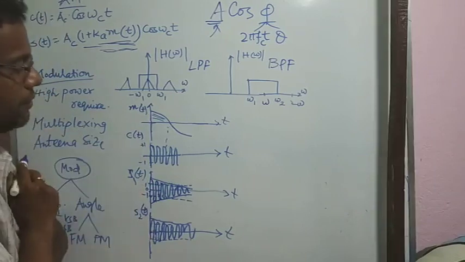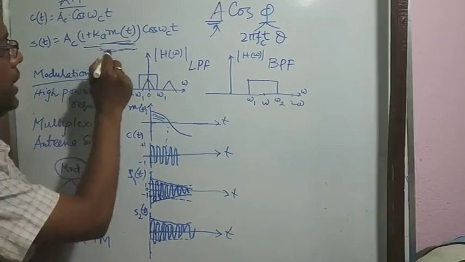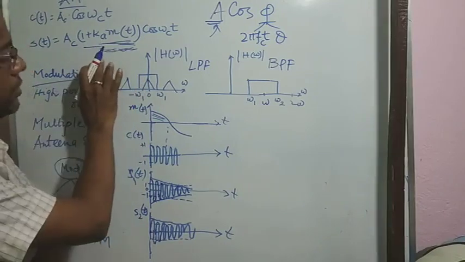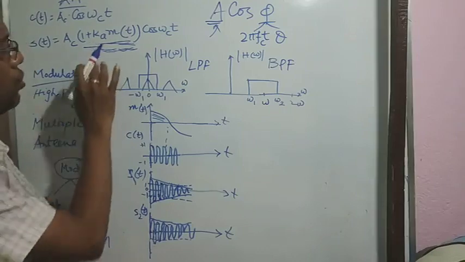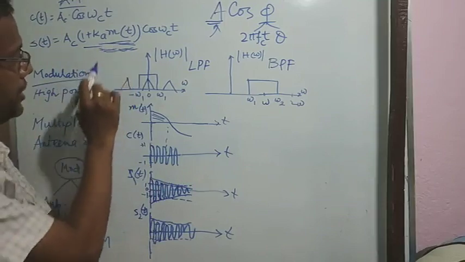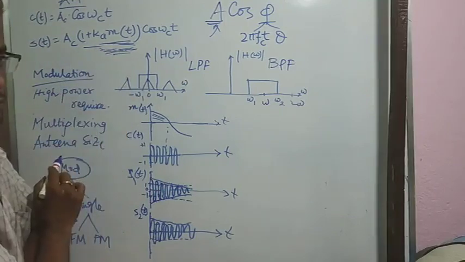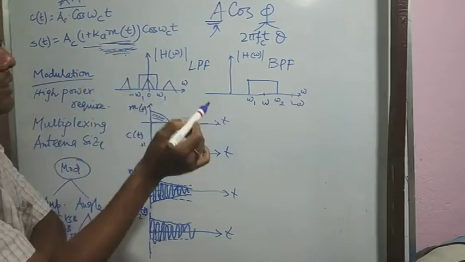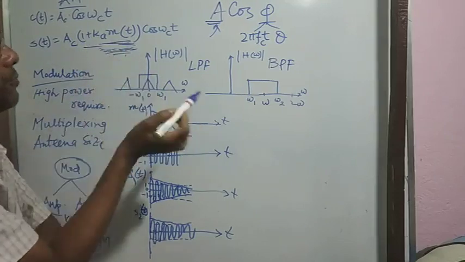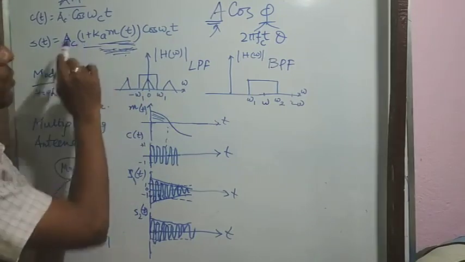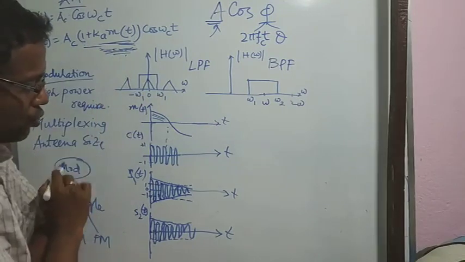But you see what happens if this Ka m(t) part becomes negative. Students again are asked to take values in such a way that Ka m(t) may, at a certain point of time, be more than 1. So what will happen here?